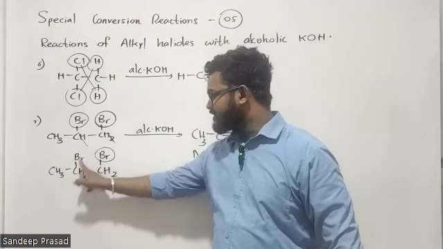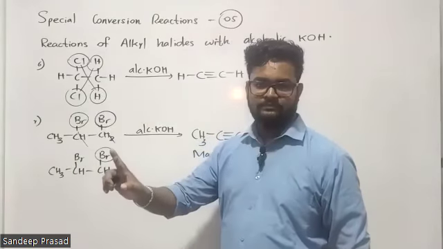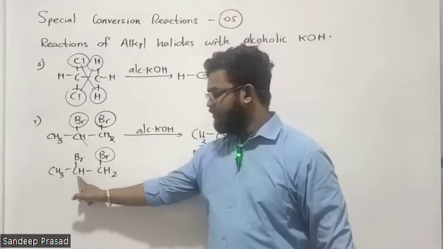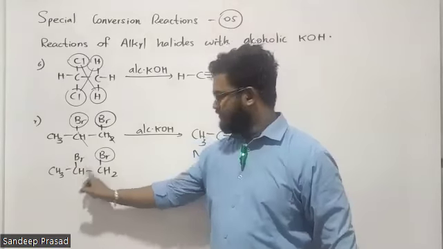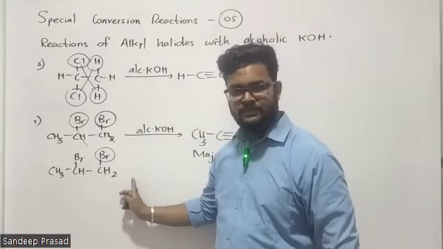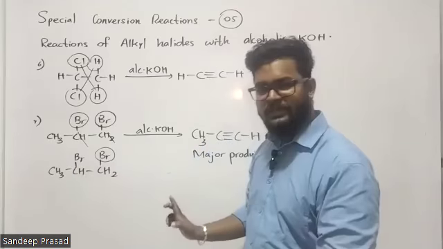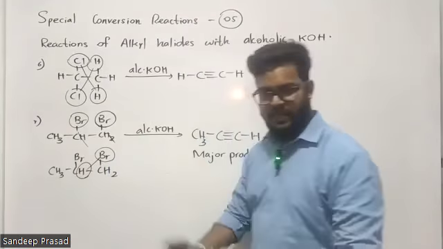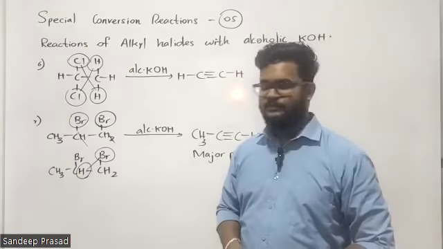Because that carbon atom contains only one neighboring carbon atom. From the other side, we don't have any carbon atoms. So therefore, this bromine has to eliminate with this hydrogen, no option. There is no option, even in the minor product.